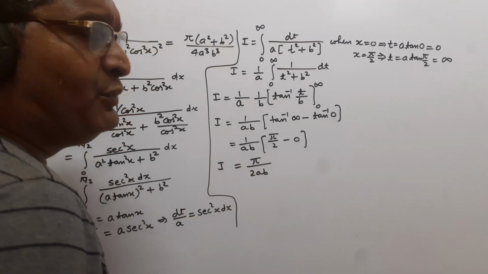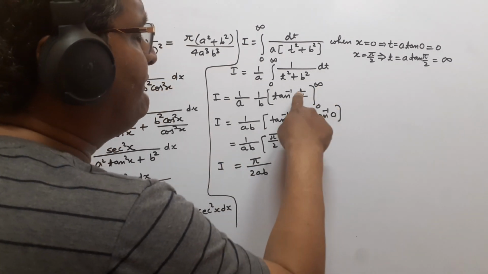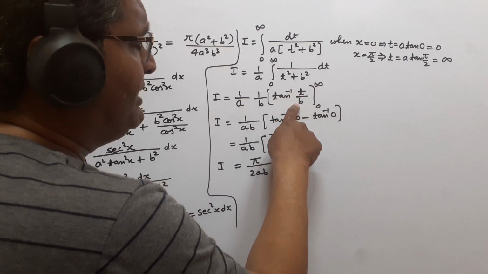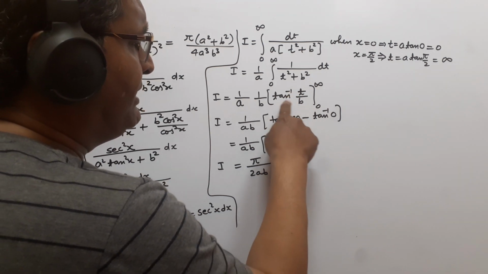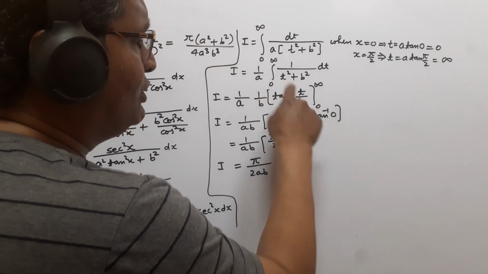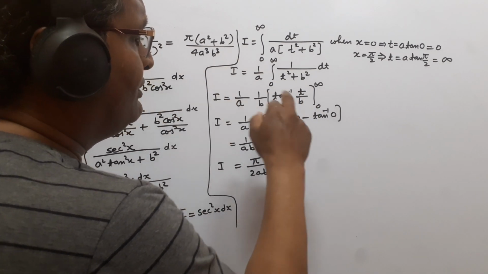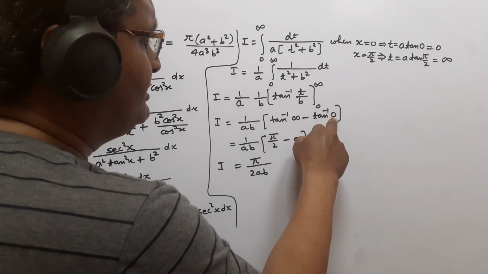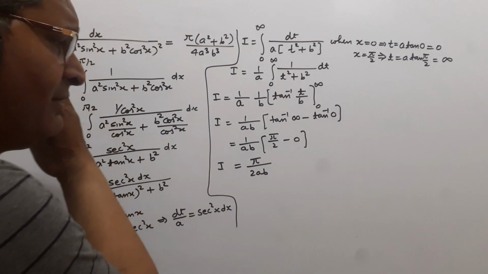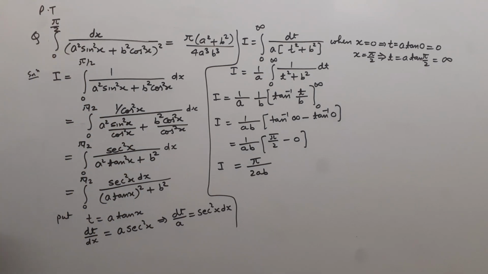Here, in place of t we put the upper limit, that is infinity, so infinity divided by b gives infinity, and tan inverse infinity is pi by 2. Similarly, for the lower limit 0, in place of t we put 0, so 0 by b is 0, and tan inverse 0 is 0 here, so the integral of this is pi upon 2ab.